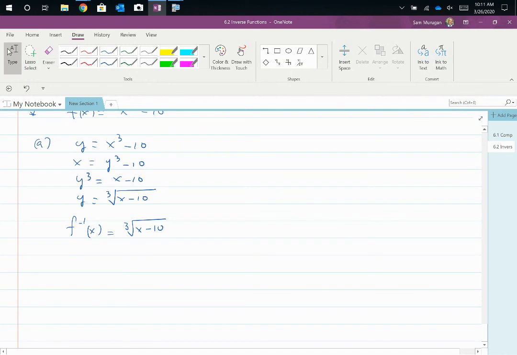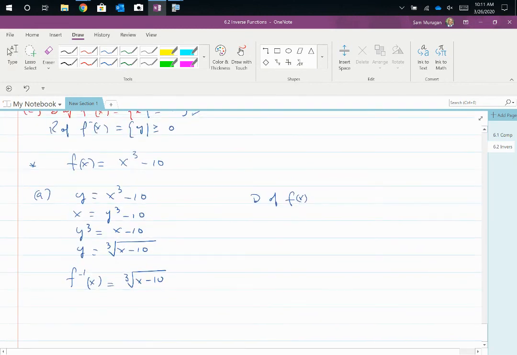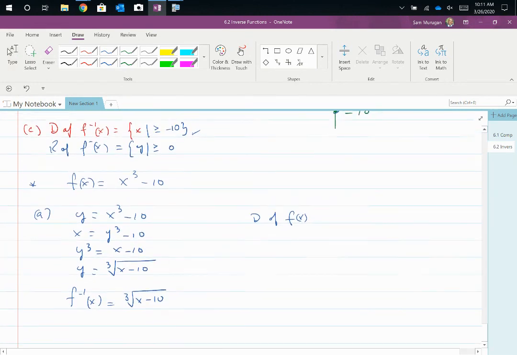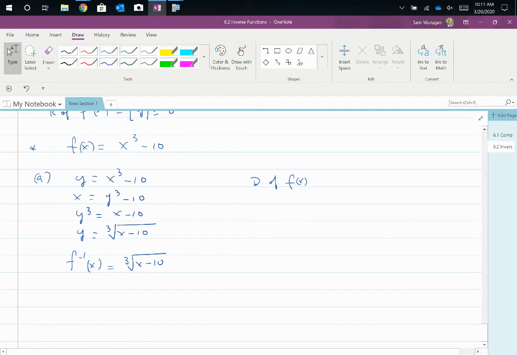Things to notice: the domain of the original function is, by the way, I didn't specify that this is 1-to-1, but yes, it is. They're both 1-to-1. The cube and the cube root function are both polynomials, so they're 1-to-1. So the domain of f of x is negative to positive infinity.